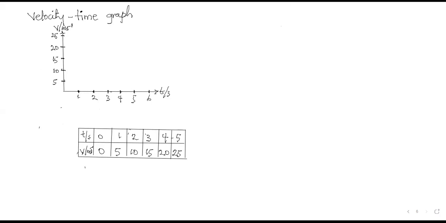So let's plot our values. At time t equal to 0, velocity 0. At time t equal to 1, velocity 5. This is 10, 15, 20, 25.